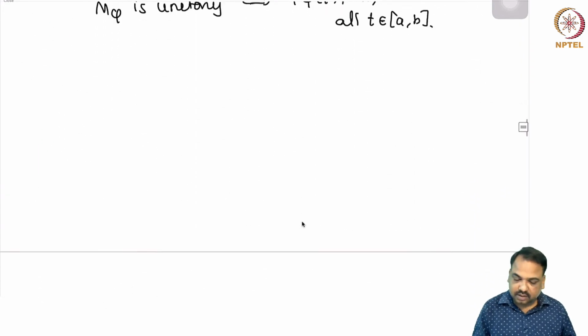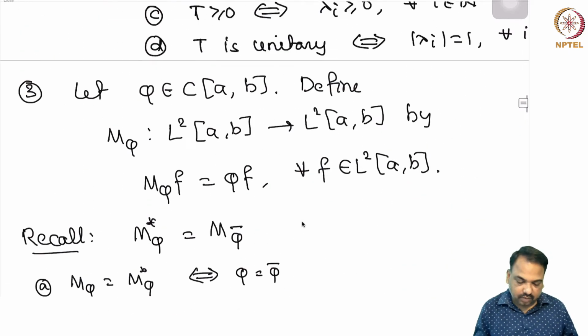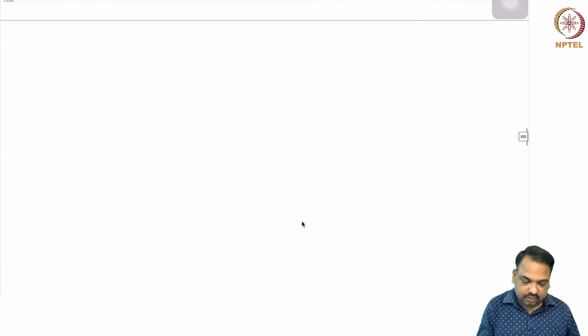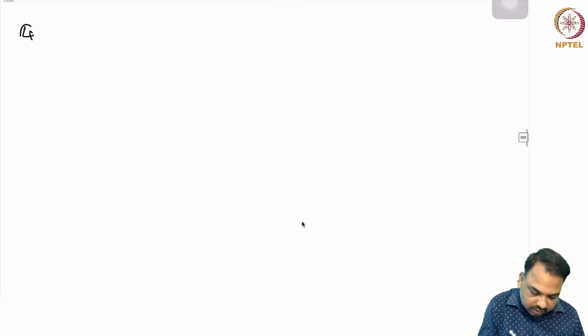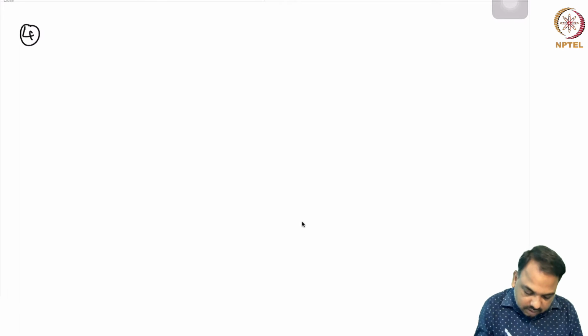Now let us look at one more example. So we have defined the Fredholm integral operator. Let k be a two variable function.